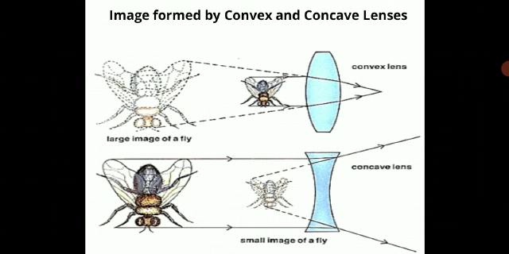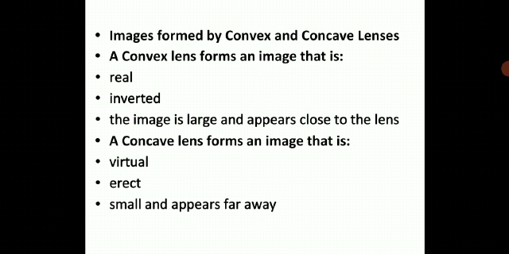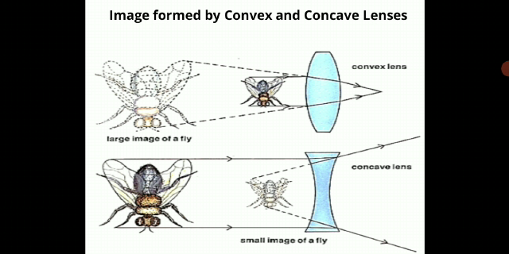Whereas when you keep the fly in front of the concave lens, you will get a closer and smaller image of the fly. So see the distance also. Here, for the convex lens, you will see the image over here. As mentioned, the image is large and appears close to the lens. And here a small image of a fly will be formed by the concave lens.